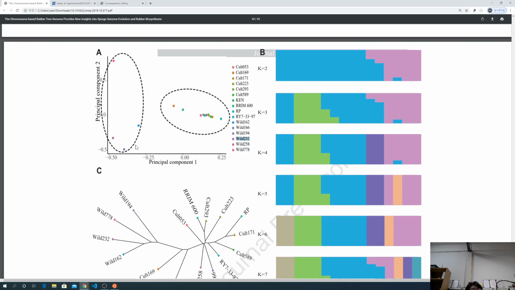But where are the others? So this is very interesting. So some wild species fall into the cultivated one.